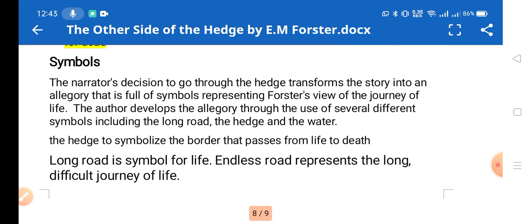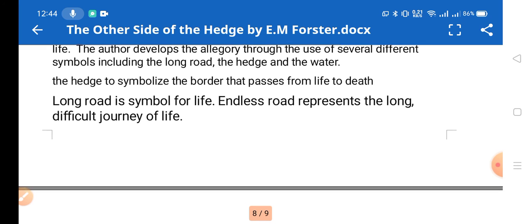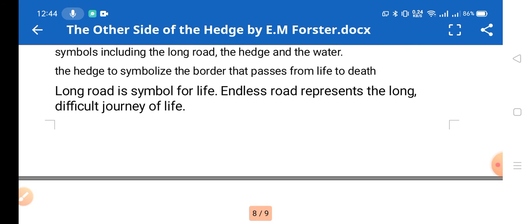And the symbols used in the story: the narrator's decision to go through the hedge transforms the story into an allegory that is full of symbols representing Forster's view of the journey of life. The author develops the allegory through the use of several different symbols. We'll see the water, the hedge, and the road.